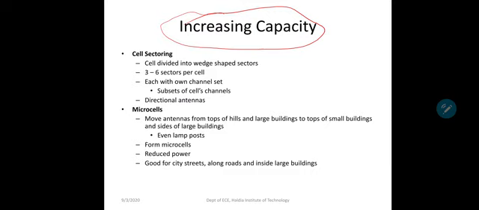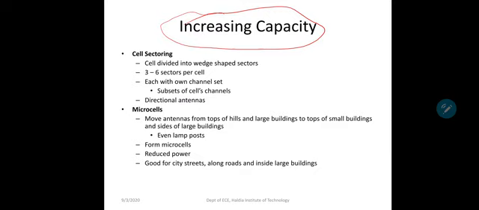Whenever we reduce the cell size, we increase the capacity of a particular cellular network. In that case, one thing I have mentioned there as well is that there is a limitation to how much we can extend the capacity without interference playing a significant role in the cellular communication that we are interested in designing.